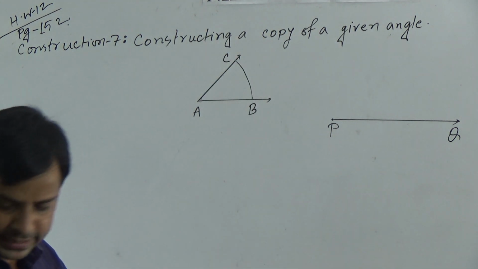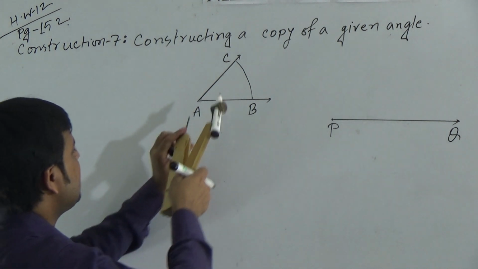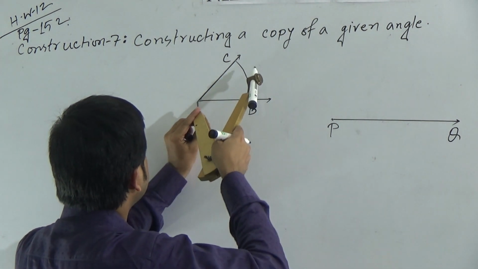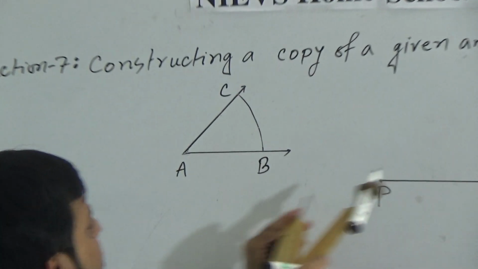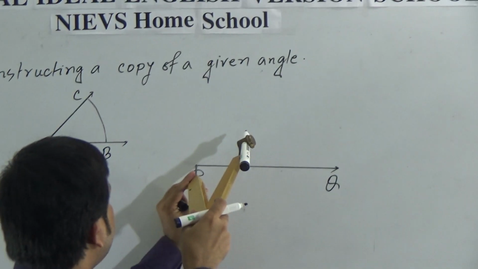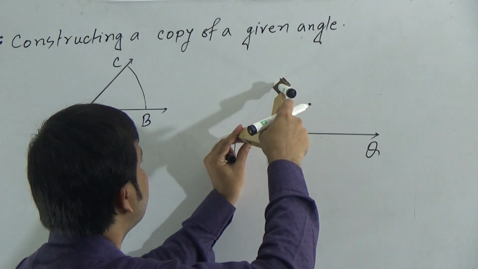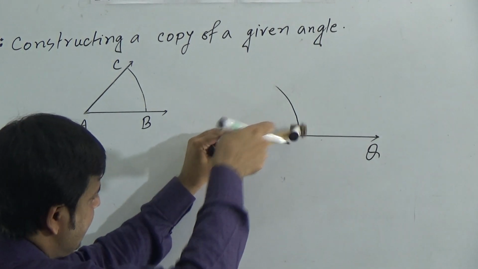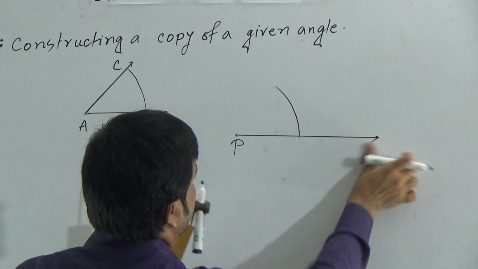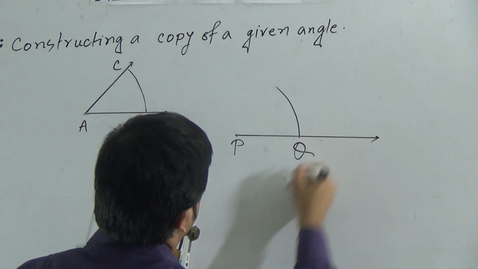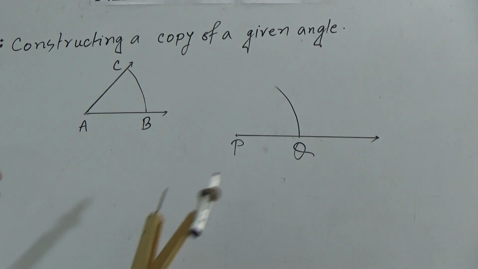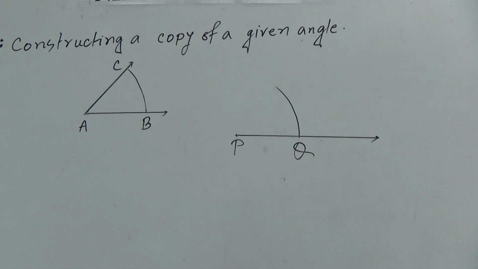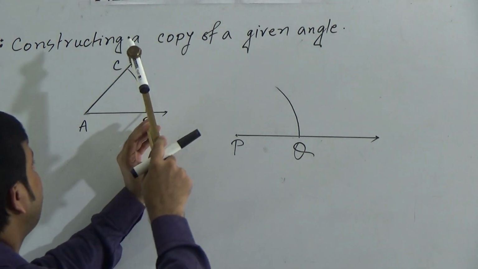Now taking the same radius with P as center, draw another arc at P which intersects PQ at Q. Now measure the length BC.